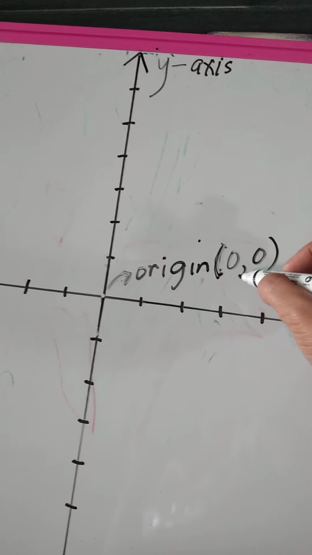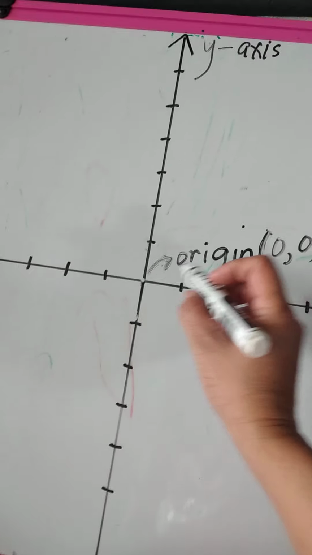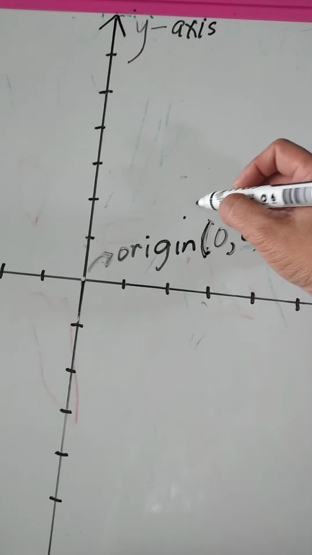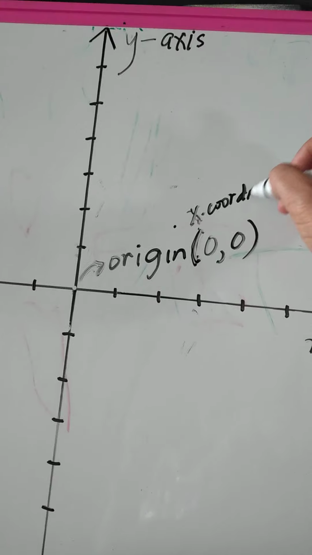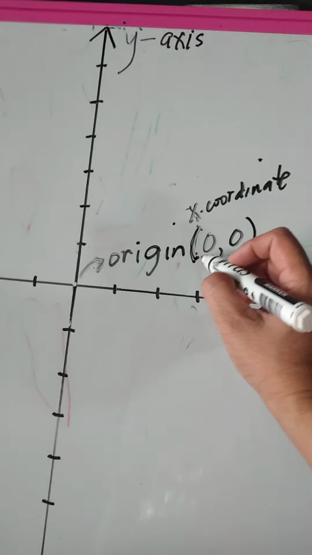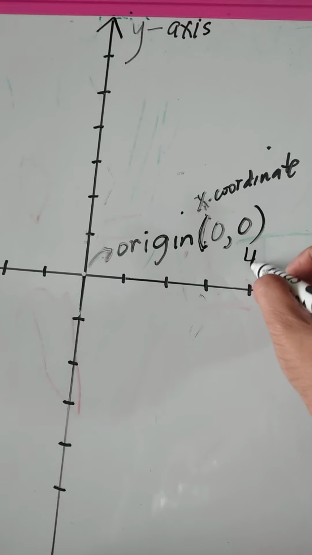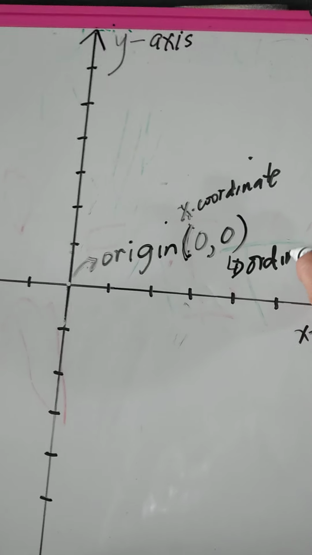Remember, a point is made up of coordinates. The first is your x-coordinate, the second is your y-coordinate.